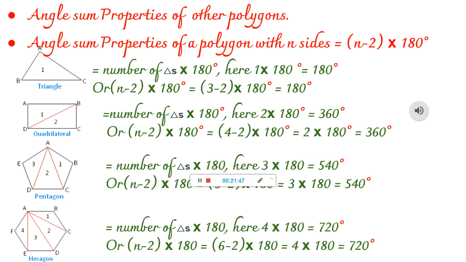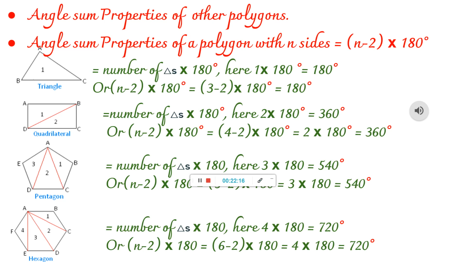So I hope you understood the logic of how we derived this formula, why the sum is n minus 2 into 180 degree. This is quite simple. It is just that we went through a number of polygons one after another, starting from triangles, quadrilateral, pentagon, hexagon, and so on, and that is how we derived this formula.